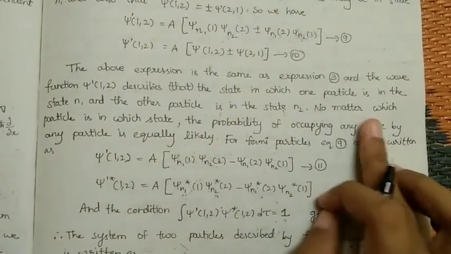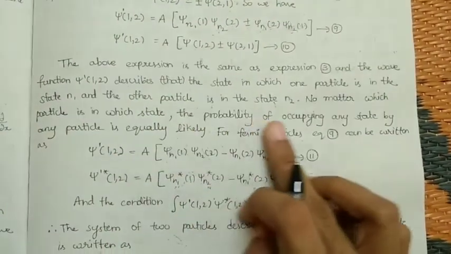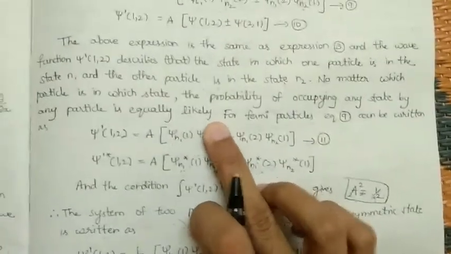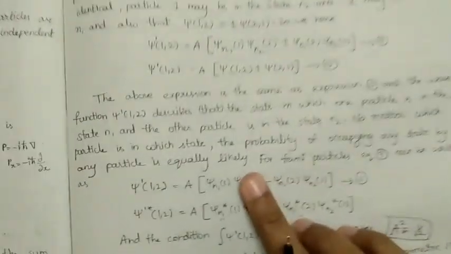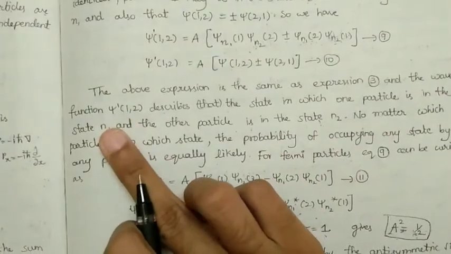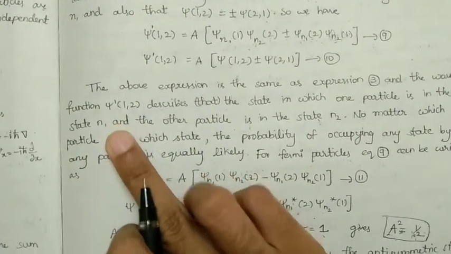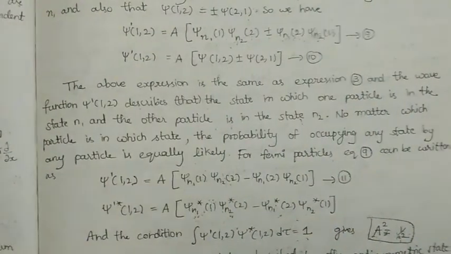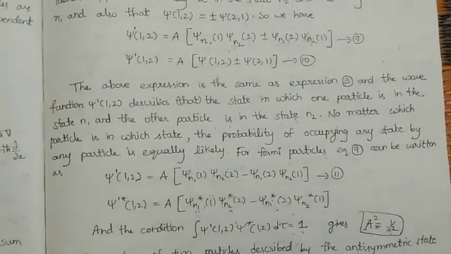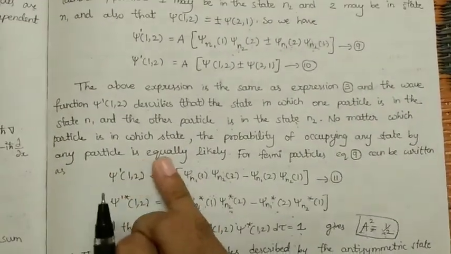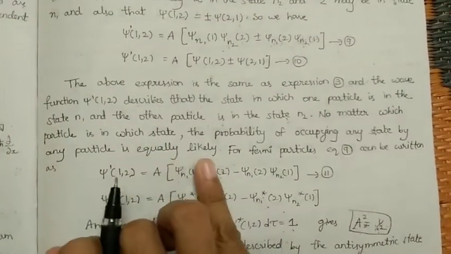No matter which particle is in which state, the probability of occupying any state by any particle is equally likely. Whether the first particle is in state 1 or in state 2, that probability is equally likely, because both of these particles are identical.